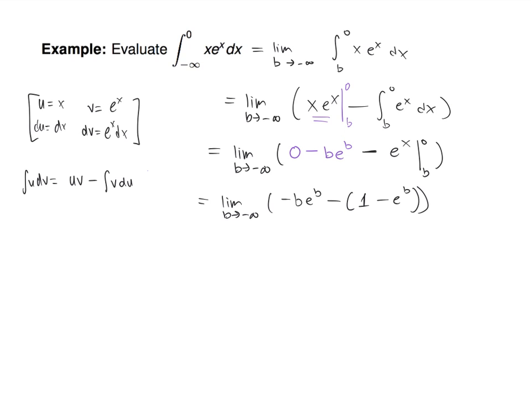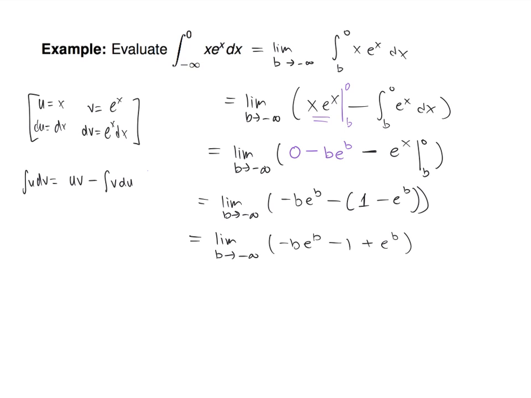Close your parentheses off. And let's just distribute the negative and then talk about how to proceed with that whole negative infinity business. Minus 1 plus e to the b. Is everyone okay? Yes.